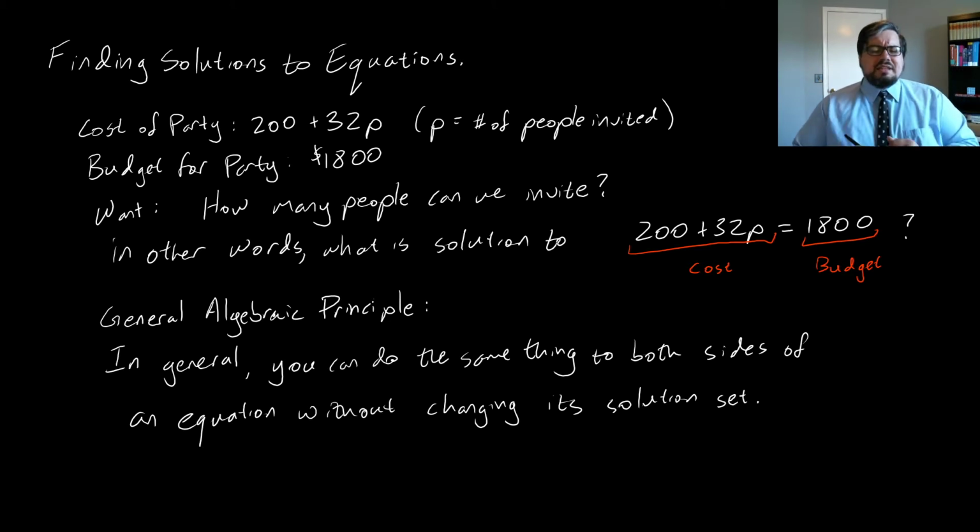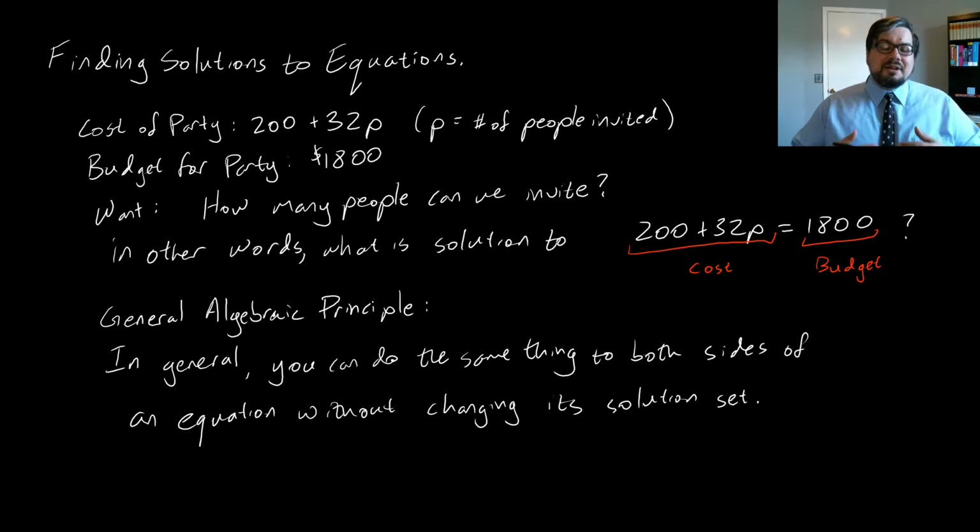Now, this is a very general and pretty vague statement here, but it captures the idea, and we'll see in just a second some precise examples of what we mean by this general algebraic principle. But I want to introduce this right away because this is really something that we're going to take advantage of throughout the entire course.